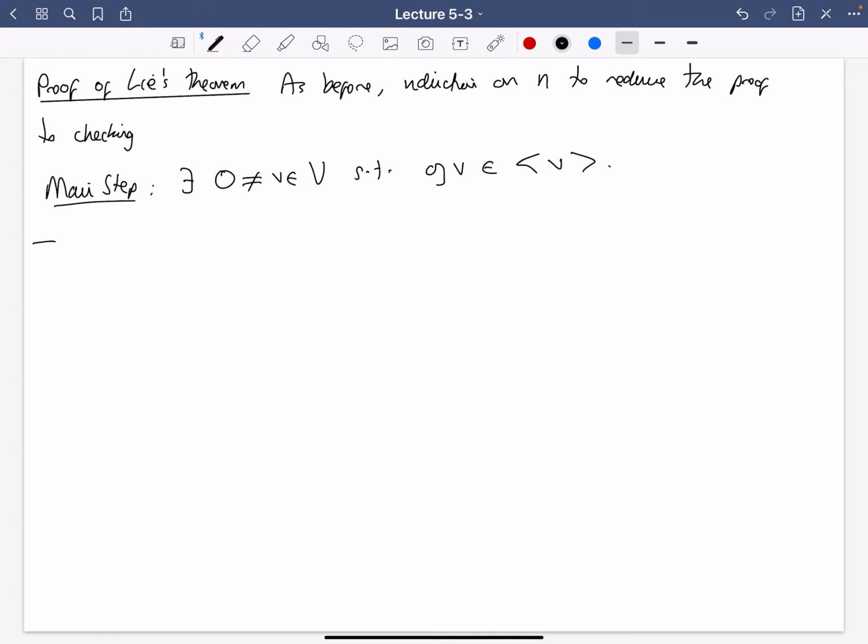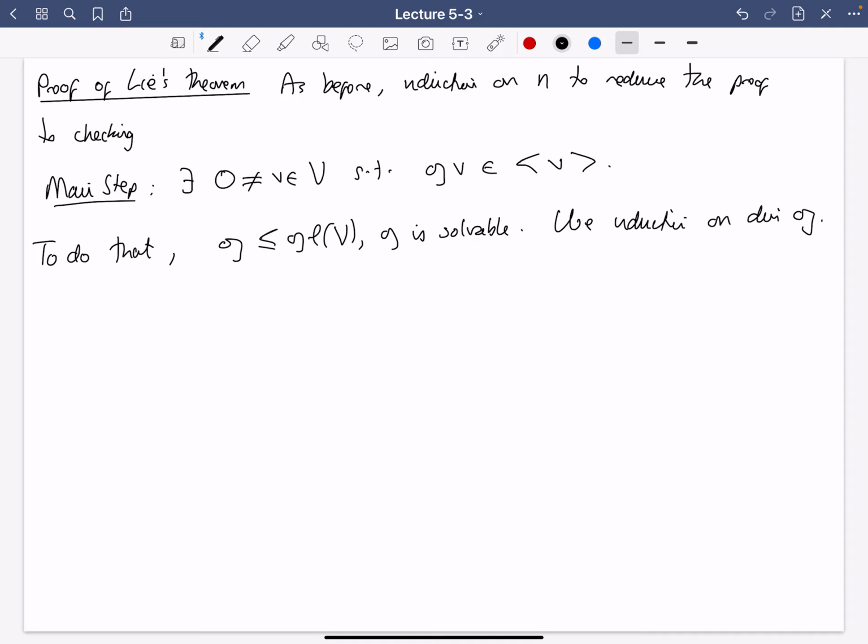So to do that, let me just write down the hypotheses. We've got this subalgebra G of GL(V), and we're assuming that G is solvable. And I'm going to use induction on the dimension of G, just like I did in the proof of Engel's theorem. So I guess now I can use the base being when dim G is 0.